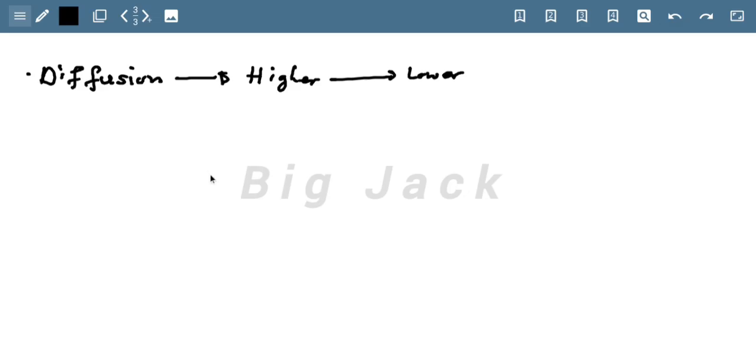In this case, the concentration gradient also has to exist. That is a condition that you need to know here. The concentration gradient has to be there for the particles to move. It is like you have higher concentration here and lower concentration here, so the particles move down the concentration gradient. That is diffusion.